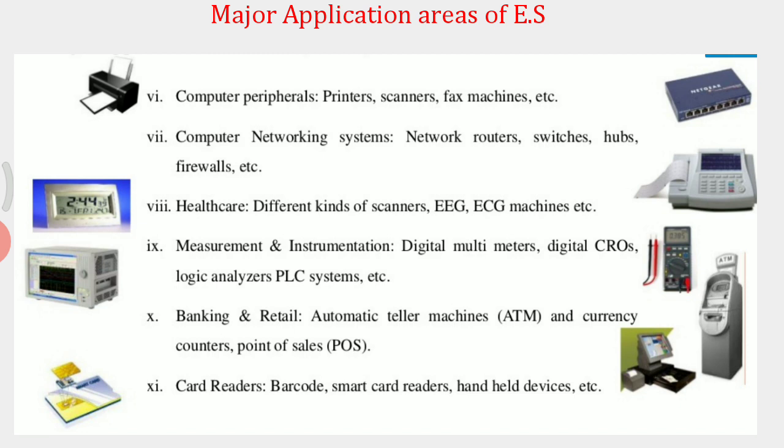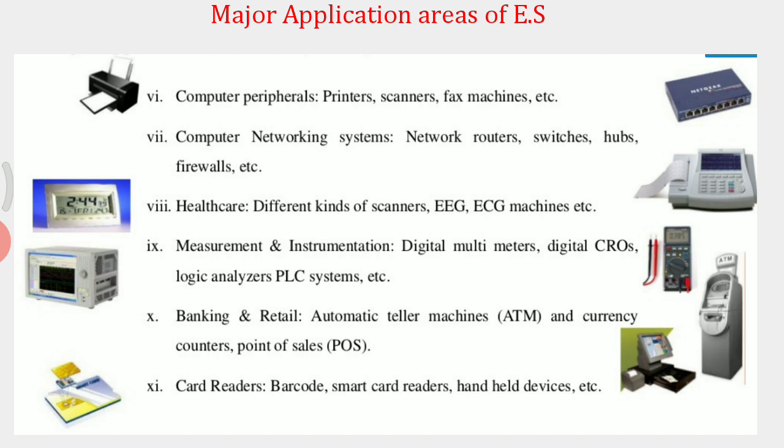A healthcare section, that is different kinds of scanners like EEG and ECG machines, etc. Heart rate monitoring is also an embedded system. Then measurement and instrumentation, like digital multimeters, digital CROs, logic analyzers, PLC systems, etc., are areas of embedded systems.